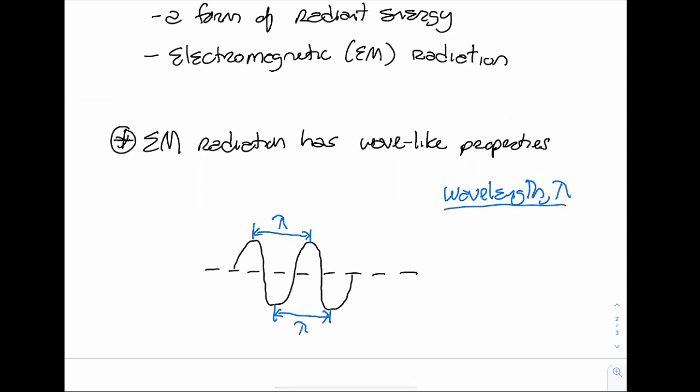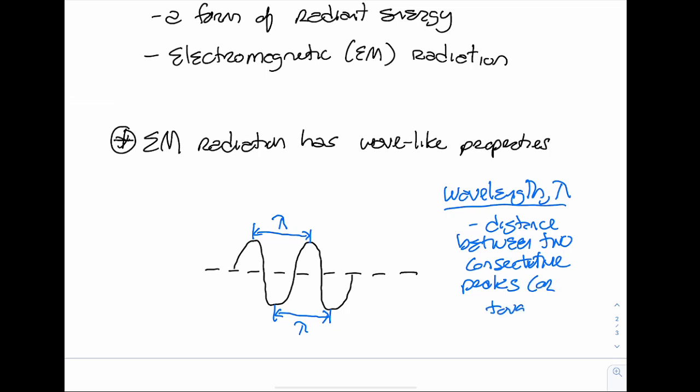And that's our distance between 2 consecutive peaks. Sorry guys, 2 consecutive peaks. Or troughs. And again, they should be the same. Our wave isn't collapsing as we go, it's not getting bigger. So the wavelength is going to be the same.